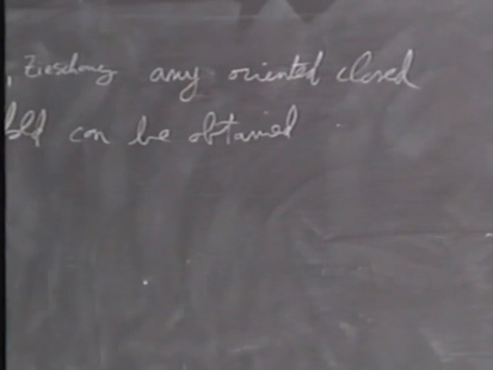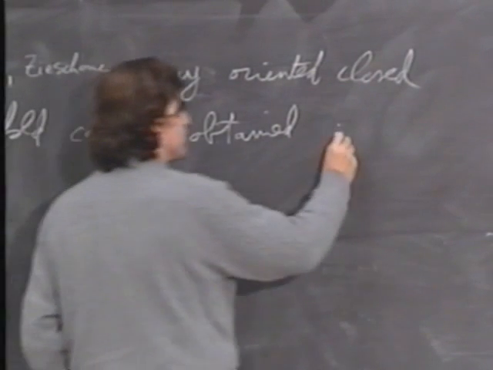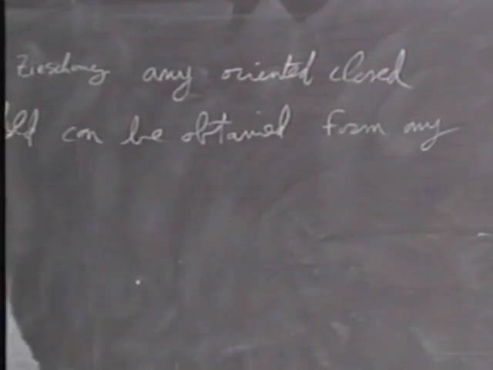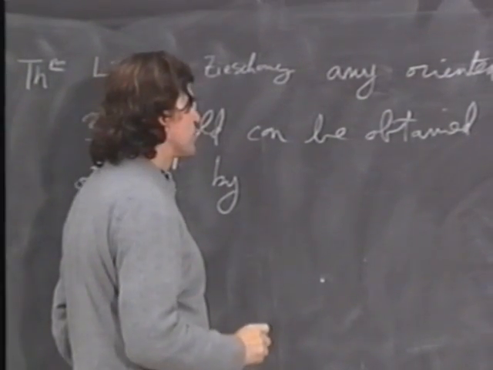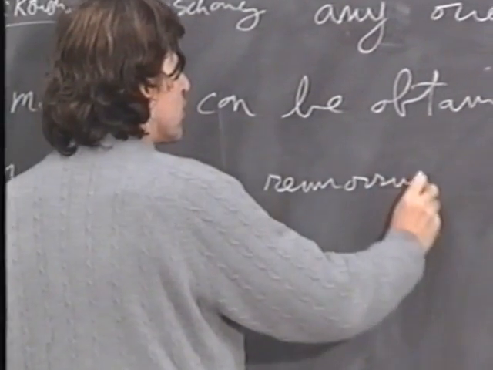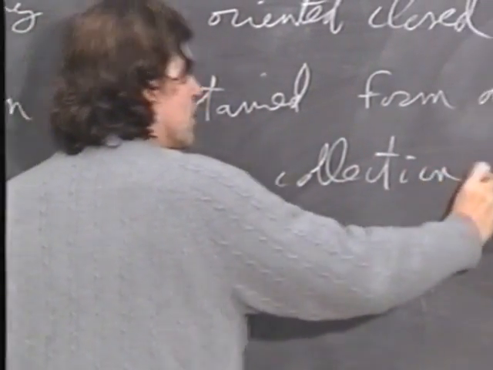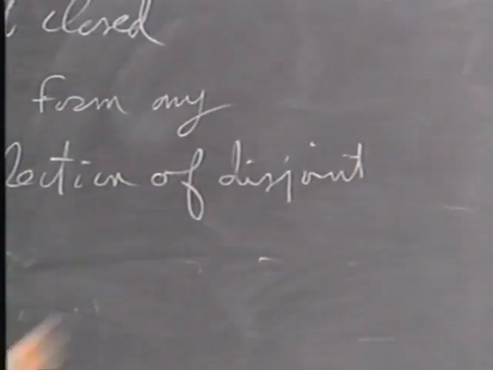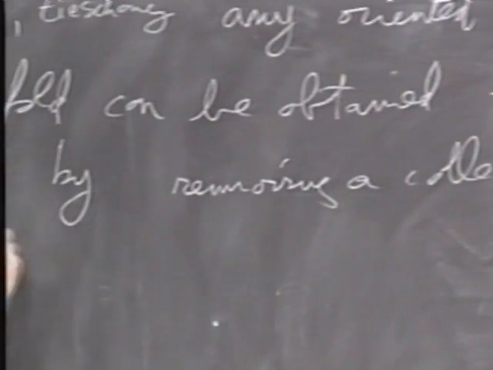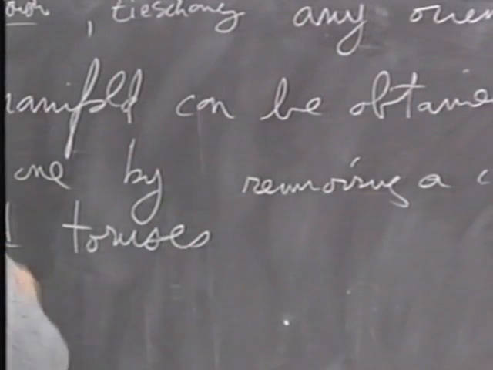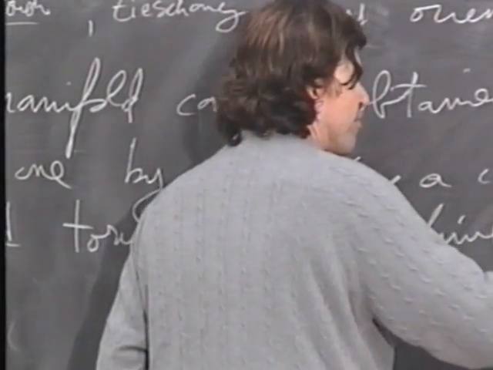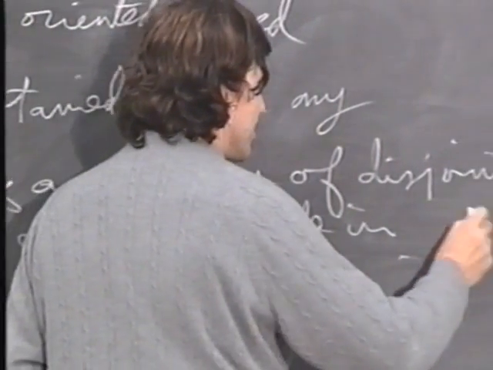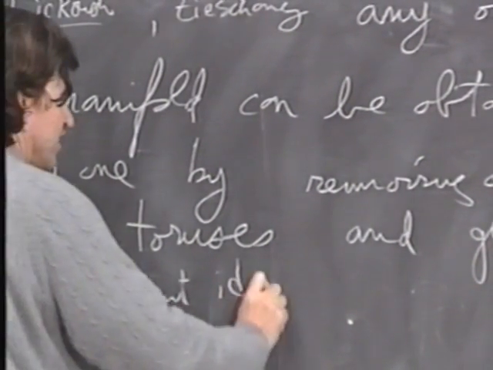Any oriented closed three manifold can be obtained from any other one by removing a collection of disjoint solid tori, and gluing them back in by a different identification.